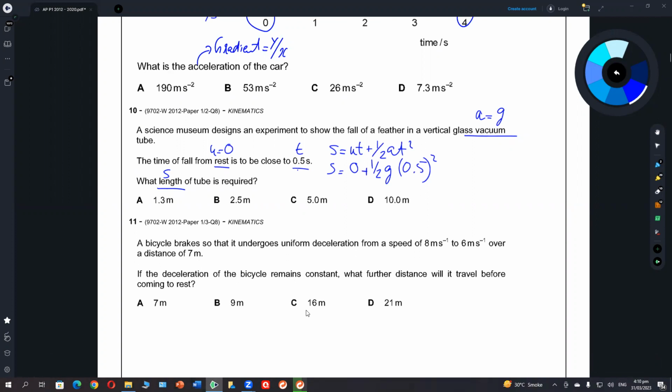Obviously my working is not required like that, but it's good to do working here. This gives the answer as 1.226.